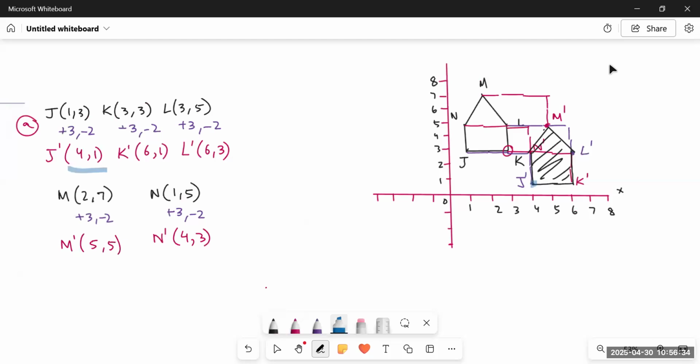For K dash, it would be (6, 1), so it's already there. Then for L dash, it is (6, 3), so yes, that's also correct. Then for M dash, it would be (5, 5). Yes, that's also correct. And for N dash, it's (4, 3). So you see that the workings we have done in part A are absolutely correct and match the coordinate grid readings.